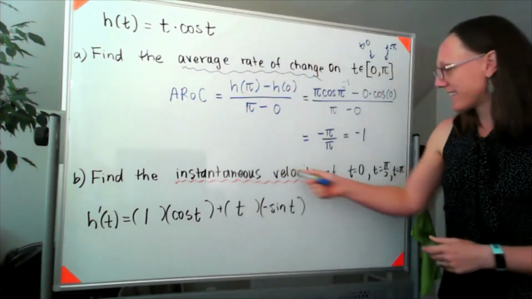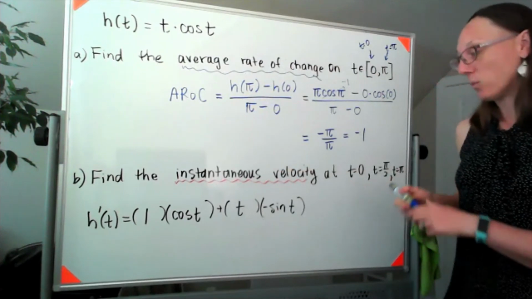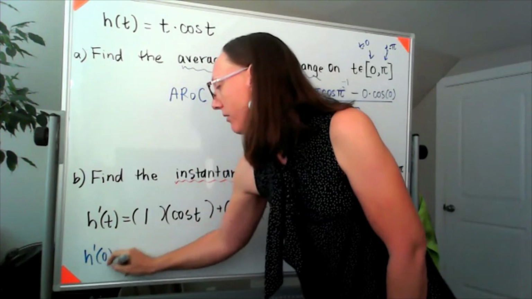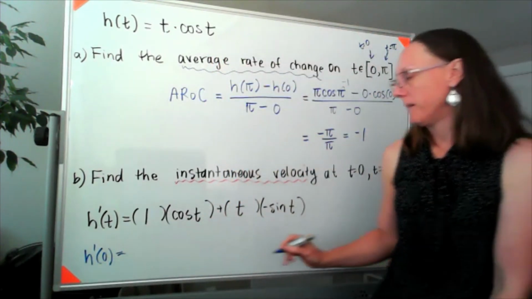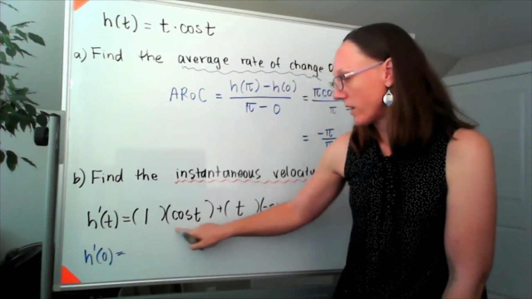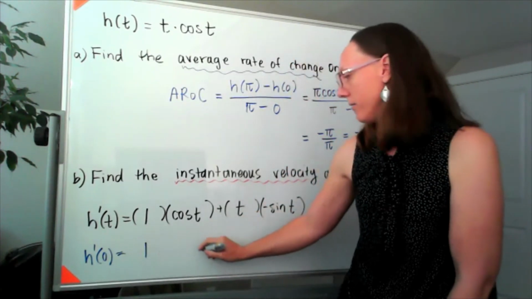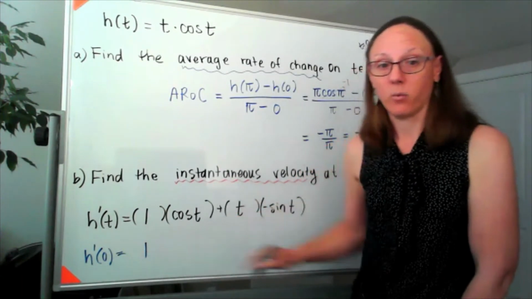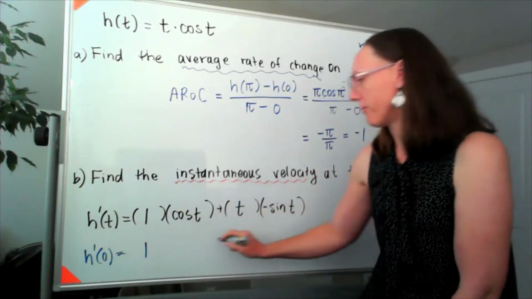If I want the instantaneous velocity at t equals 0, that's going to look like h prime of 0. So I've got cosine of 0, which is 1, plus 0 times something, we're done. We got a 1. That's my h prime of 0.